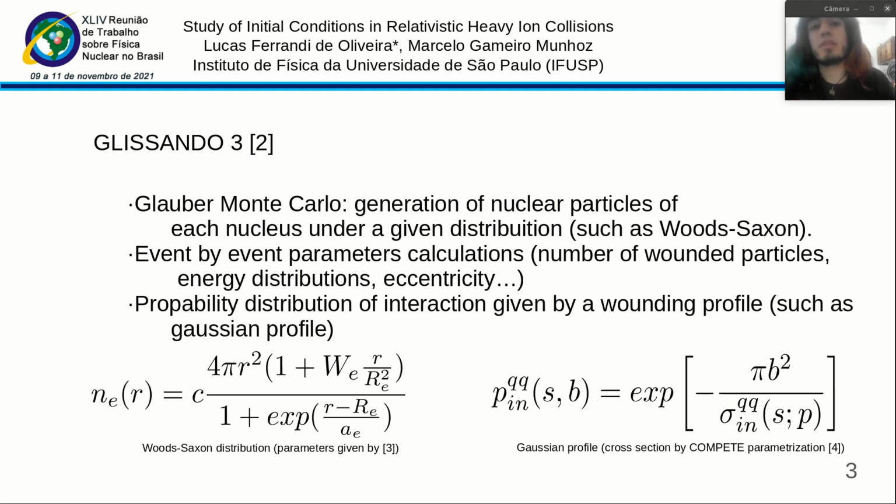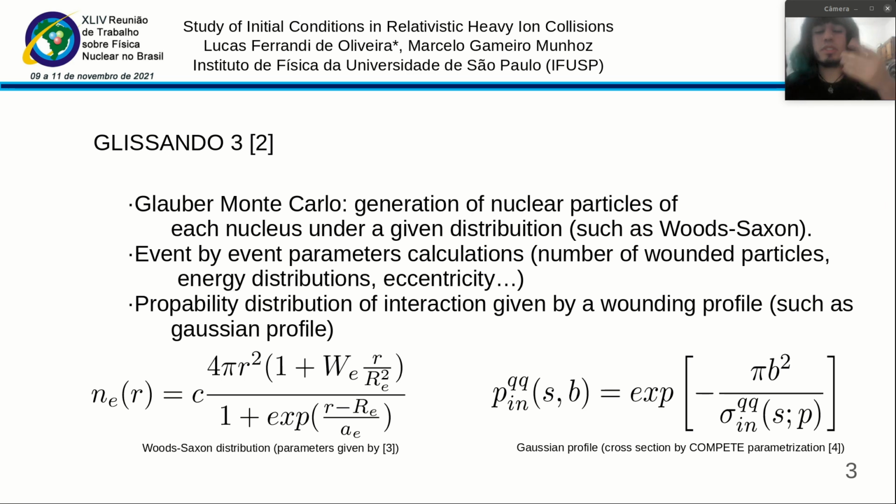It is the third edition of this program, and it was created by a group of Polish physicists. This program uses Monte Carlo. It means that it generates the positions of the nucleons in each nucleus, and this position is not random, but it follows a given probability distribution.